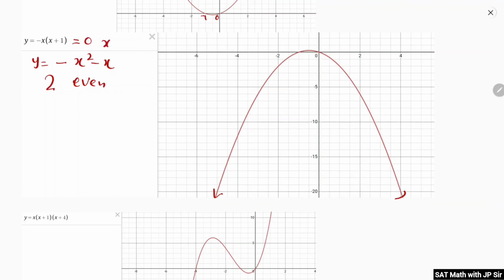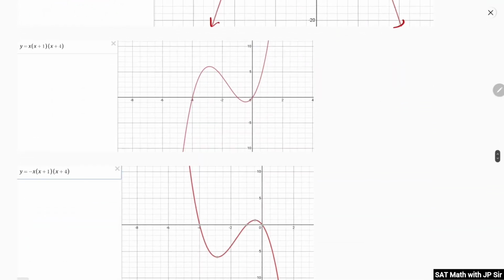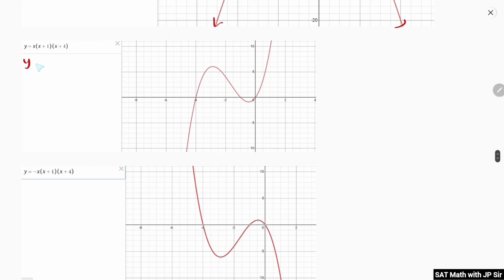If you put this 0, x is 0 and minus 1, and yes, we do have x intercepts here, 0 and minus 1. And here, now clearly, if you multiply this, degree becomes 3, odd, and the ends should be in opposite directions. And because it is positive, it should be a rising figure. So that's why we have this graph.